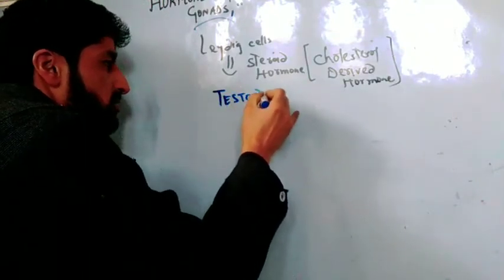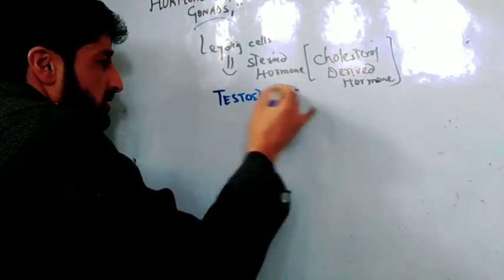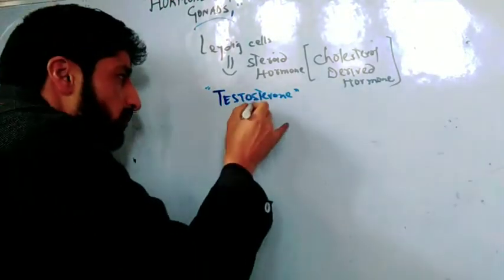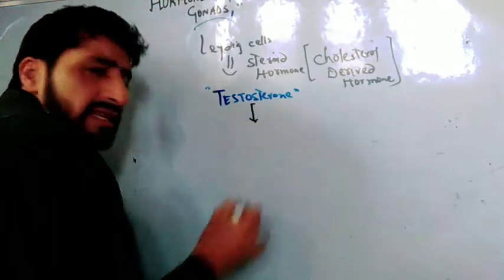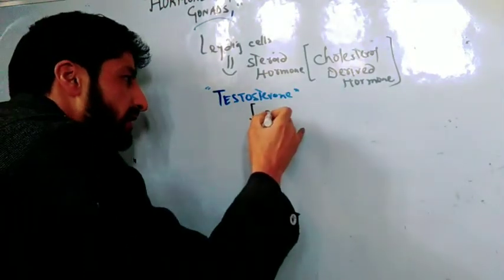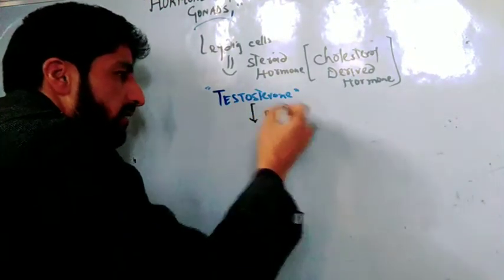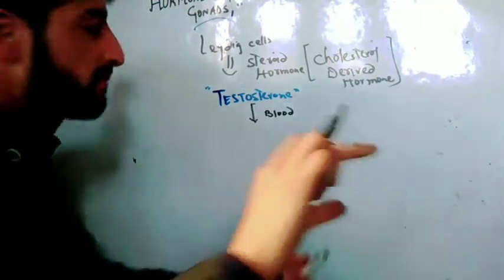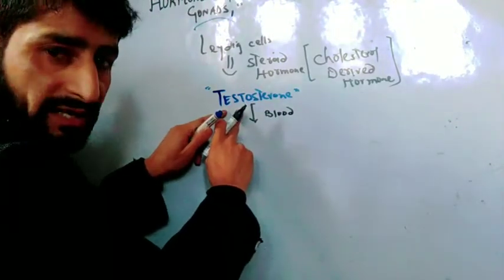It is this testosterone hormone that is formed from the Leydig cells, and then from the Leydig cells it is released into the blood. Because blood acts as a transportation medium for this hormone, testosterone.